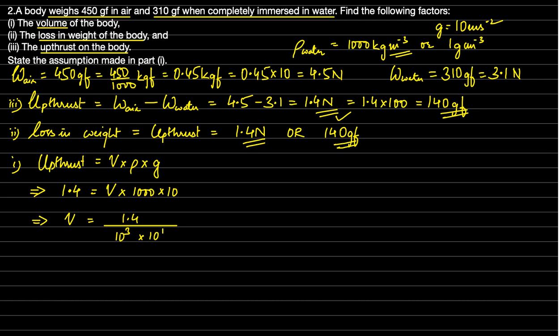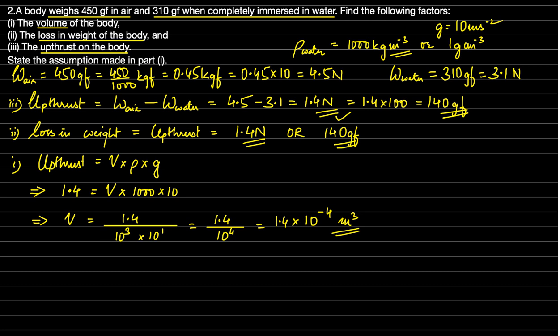So we get 1.4 divided by 10 to the power of 3 and 10 to the power of 1, which gives us 10 to the power of 4. So we get 1.4 into 10 to the power of minus 4. And since we are getting everything in SI unit, volume will also be in SI unit. That happens to be meter cube. So we have got the volume to be 1.4 into 10 to the power of minus 4 meter cube.